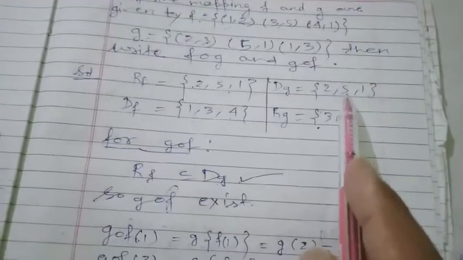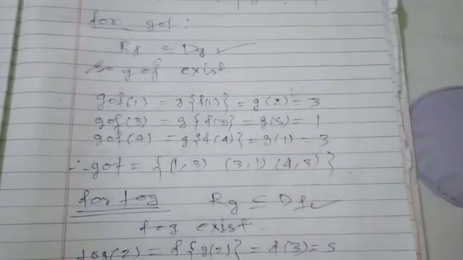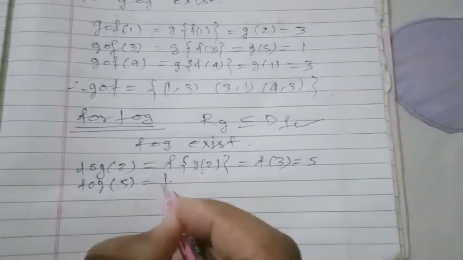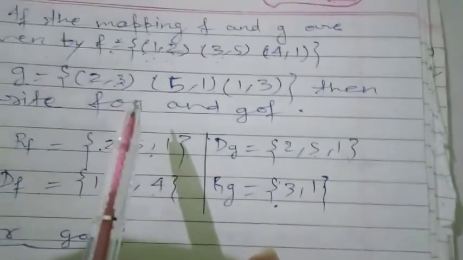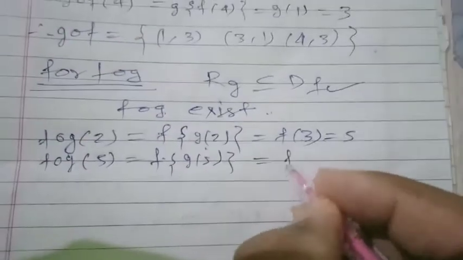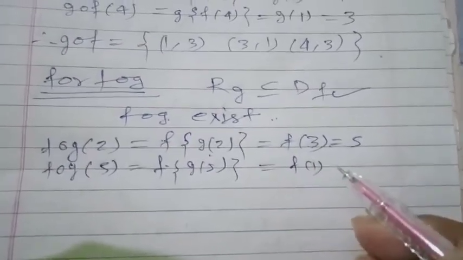And f∘g of next one, 5, we have to apply. So we have to write here F(G(5)). And what is the value of G(5)? Once again you see G(5) is 1. So we have to write here F(1). Okay, and F(1), what is here?